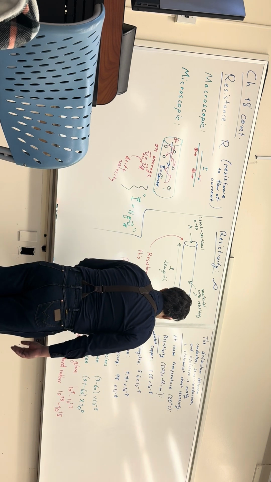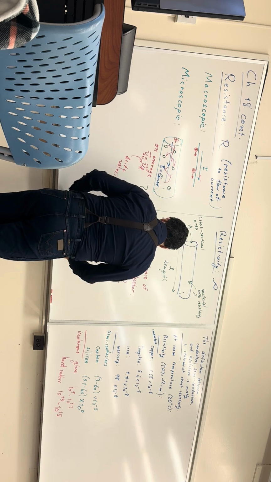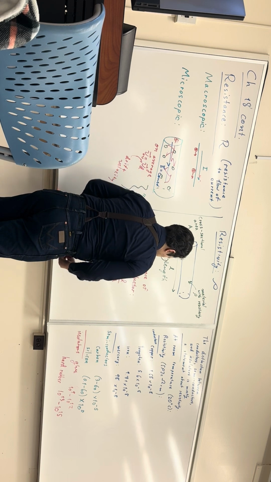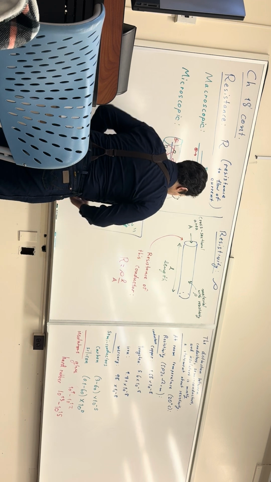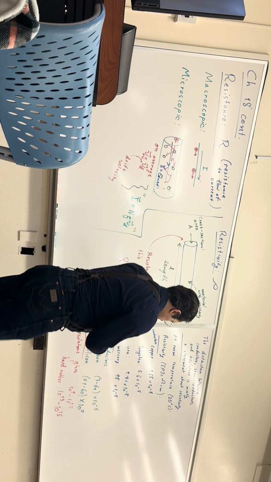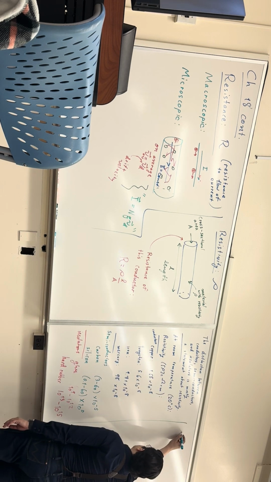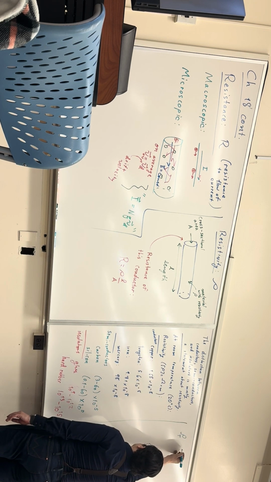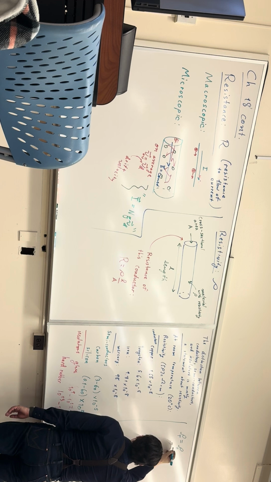Okay, now also resistivity does change with temperature. How it changes with temperature is pretty complicated. But if we linearize, if we look at just very small temperature changes, the variation is approximately linear. So if we want to know the resistivity at a temperature, we take the resistivity at some reference temperature that's not 0, it's just a reference.